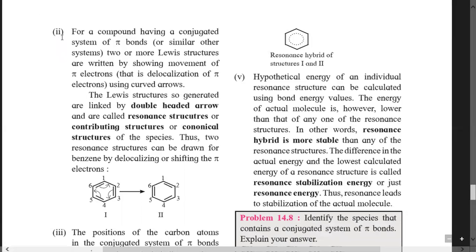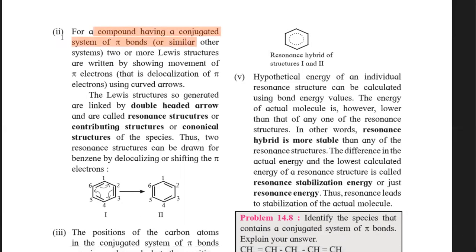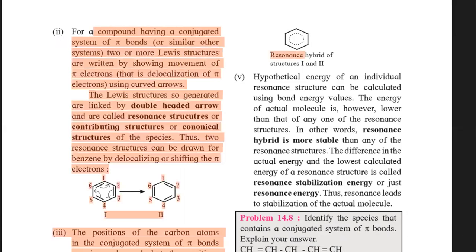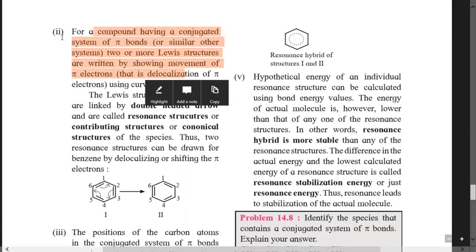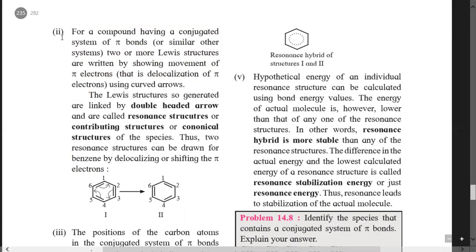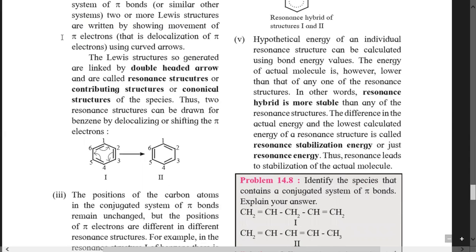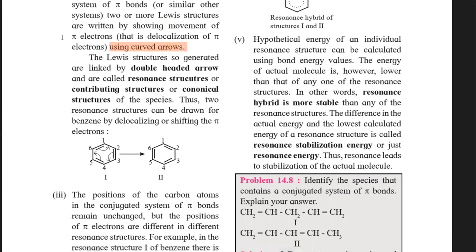The second point in the resonance theory is that a compound having a conjugated system of pi bonds, that is, a system with alternate single and double bonds, shows delocalization of electrons. Delocalization means movement of electrons from one position to another, and this can be shown by using curved arrows.